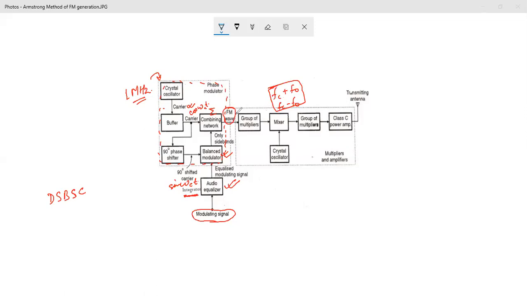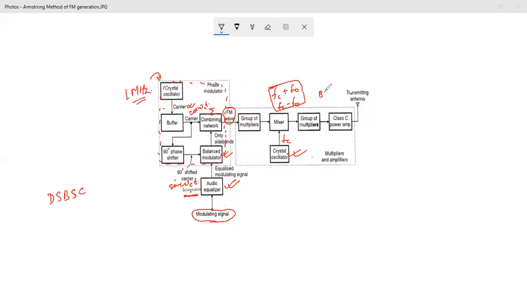So whatever FM signal we are getting here, the mixer will mix it with the crystal oscillator signal, that is FC. Again, FC is generated here and passed through the mixer. Again, there is a group of multipliers, and maybe there is a band pass filter. So here or here, band pass filters may be there.